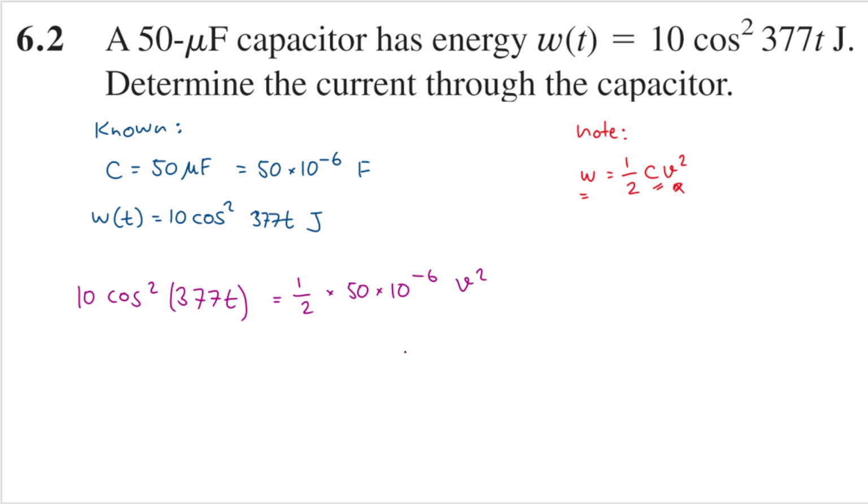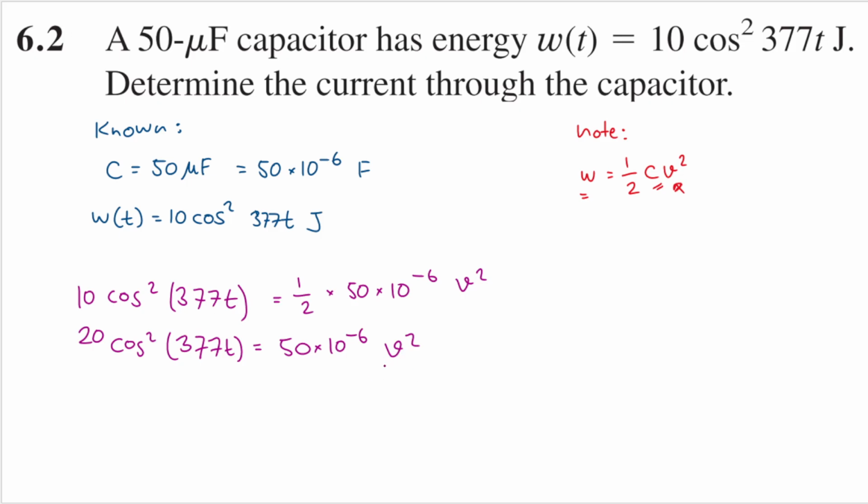Let's do some interesting math here. Let's multiply both sides by 2, so we will have 20 cosine squared 377t equals 50 multiplied by 10 to the minus 6 times v squared.